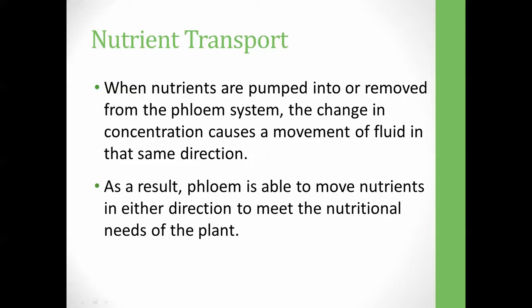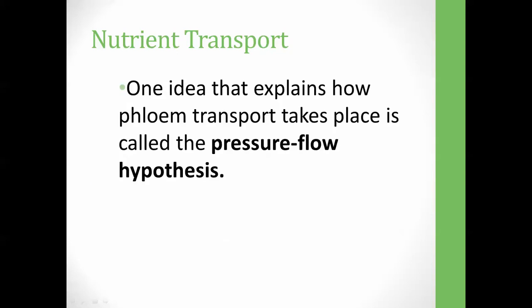We'll see some nice little graphics here with some moving arrows, so don't be too worried right now. The idea that explains how phloem transport takes place is called the pressure flow hypothesis. This is going to be important for how nutrients are moved throughout the plants. It's called the pressure flow hypothesis.